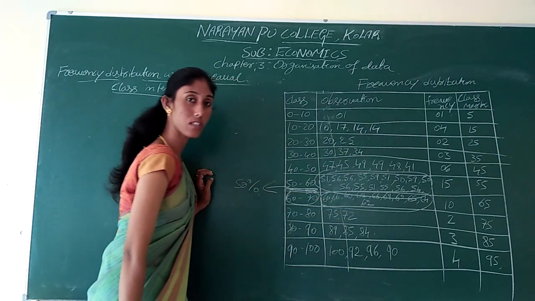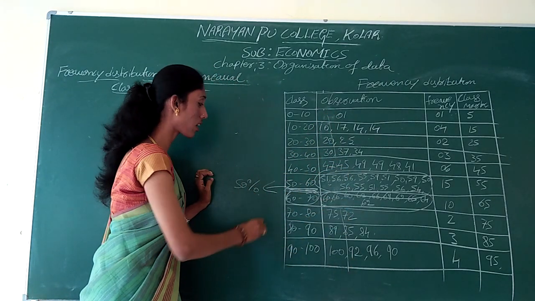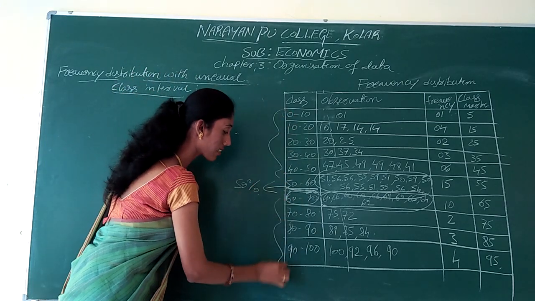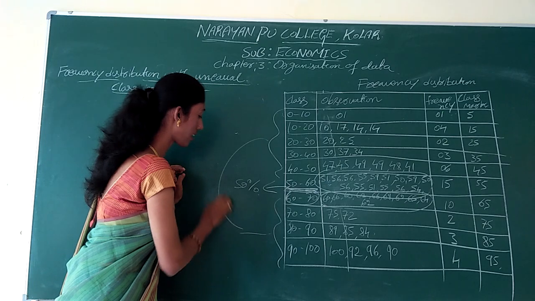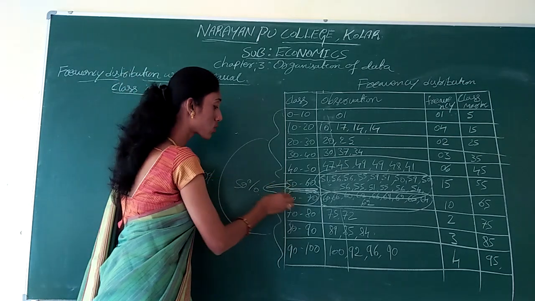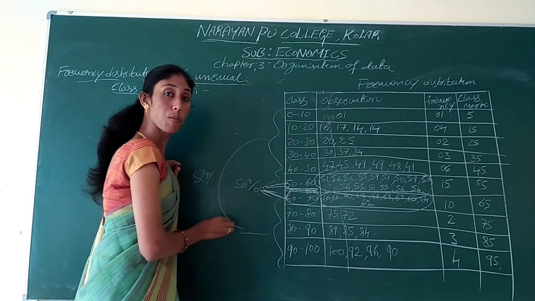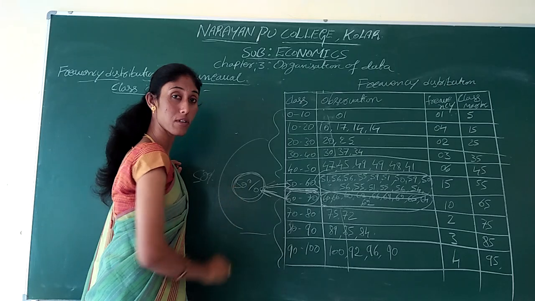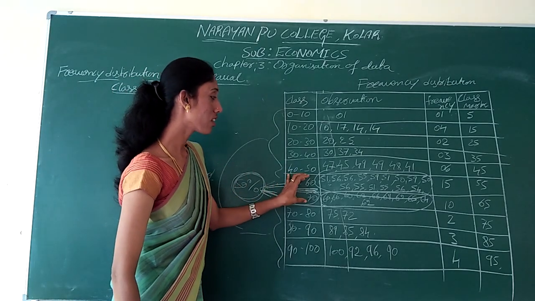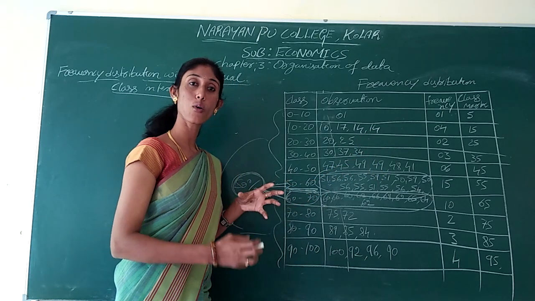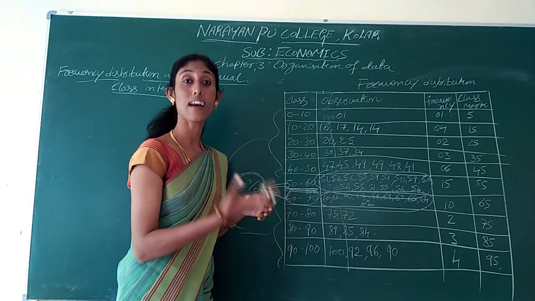Only these two classes have a concentration of 50%, so with these two classes we can't present exactly the values of the data.